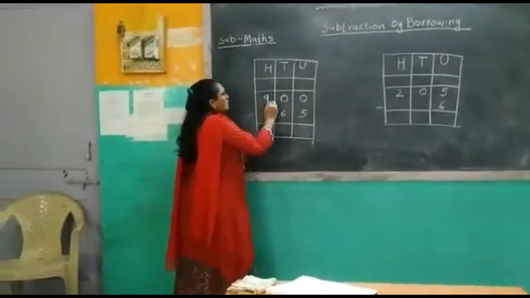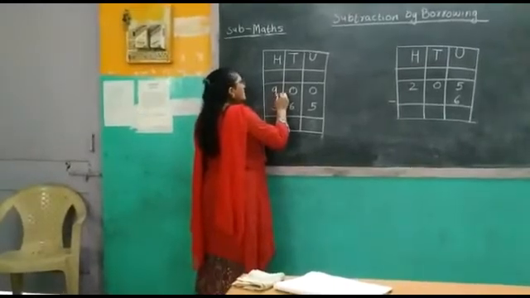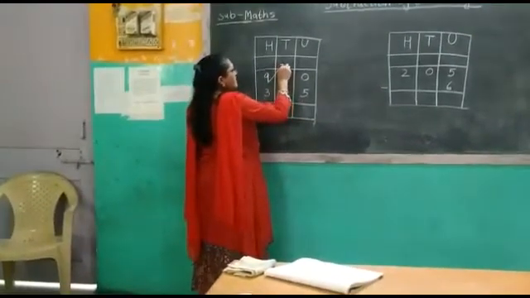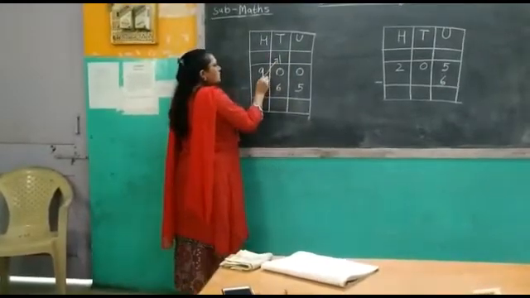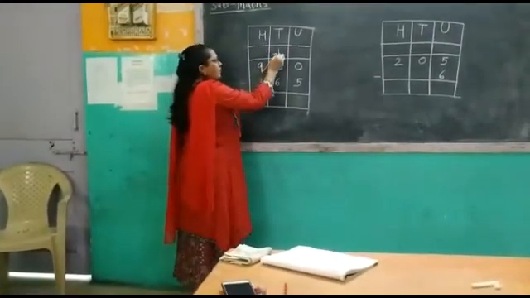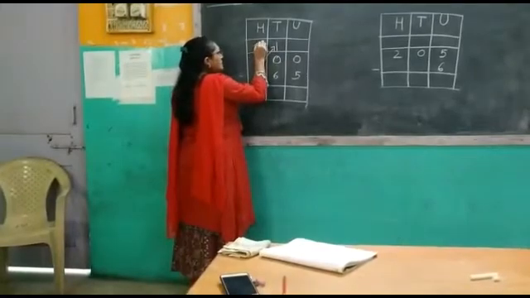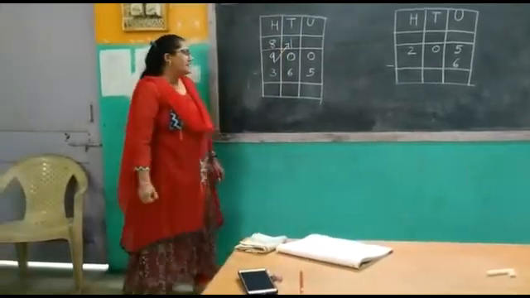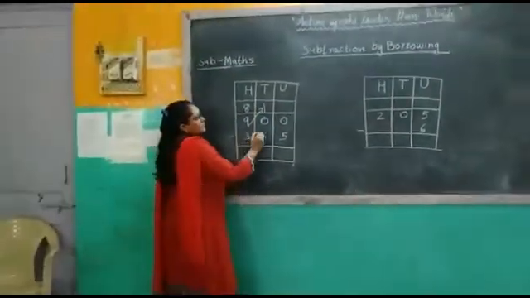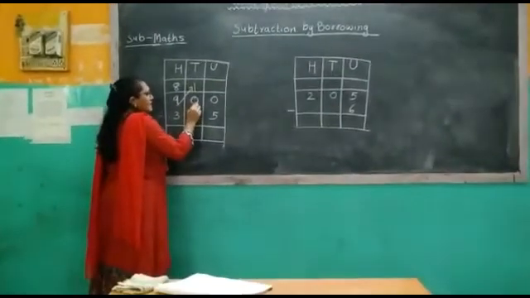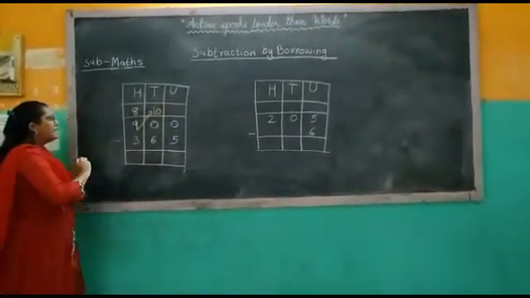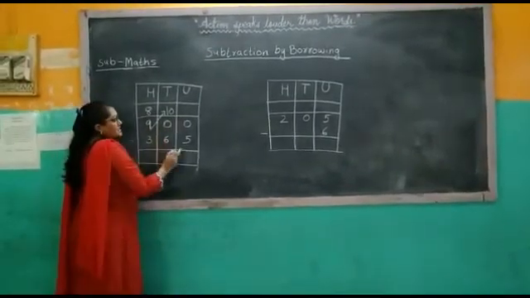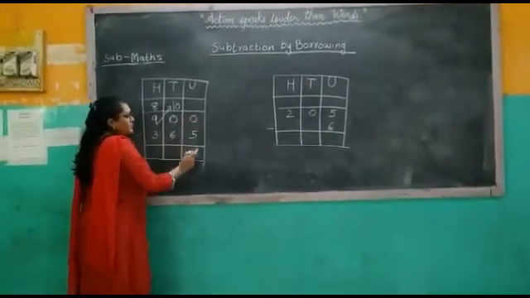We have to borrow 1 from this 9 in the 100 place. When we borrow 1 from 9, here 8 will come in the 100 place. Now what will we do? We will take this 0 in the tens place, but we have to first subtract unit to unit.